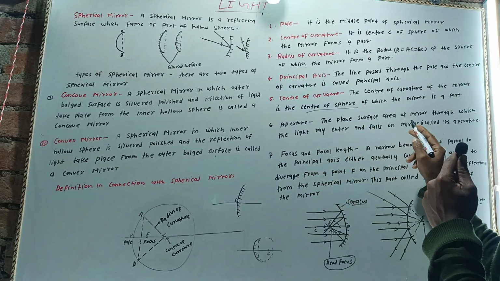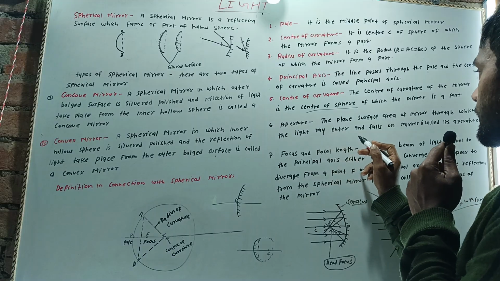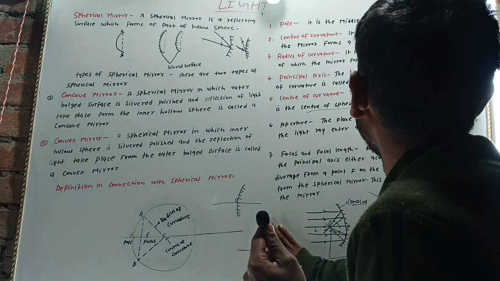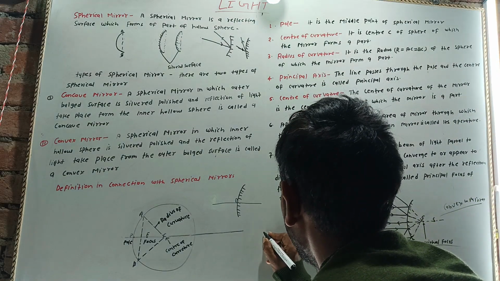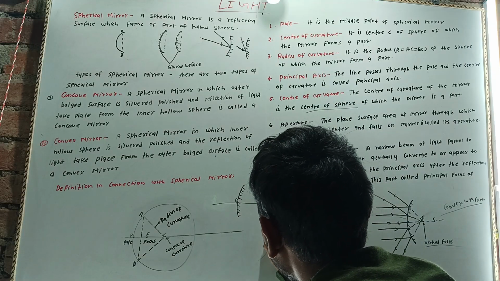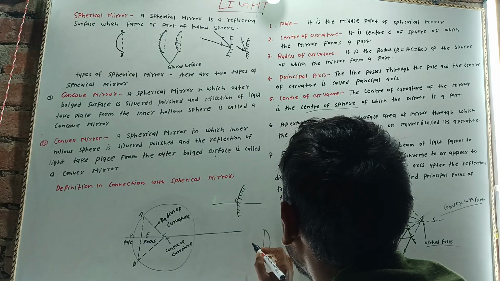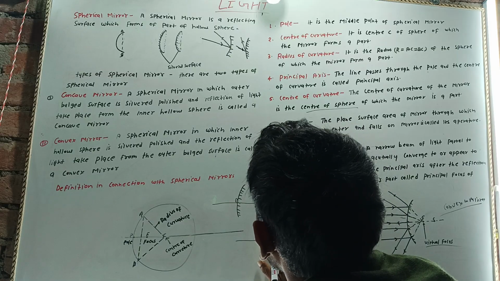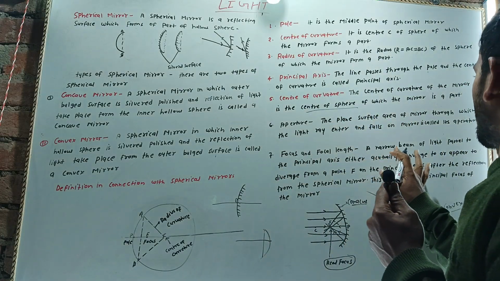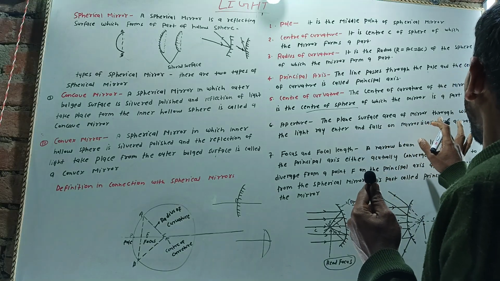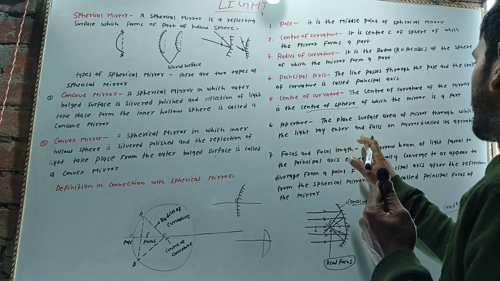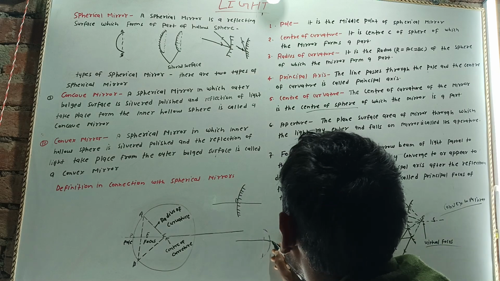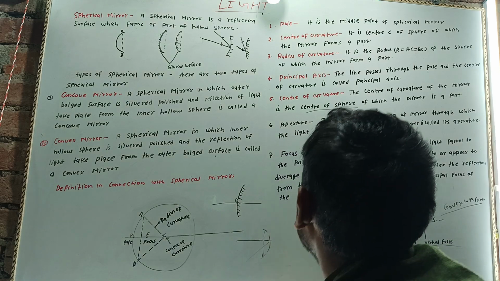Aperture: the plane surface area of the mirror through which light rays enter and fall on the mirror is called the aperture. This is the plane surface area where light falls.